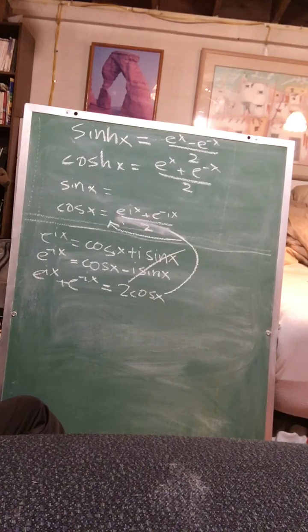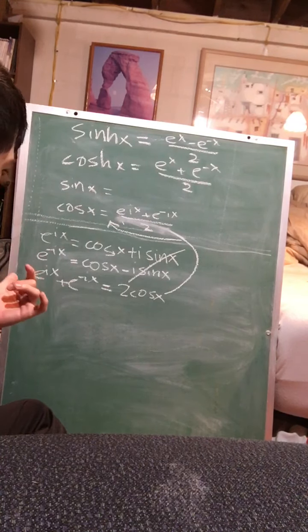Now, how do we do this for sine? Well, it's pretty simple. All we have to do is just swap the signs a little bit. We can just add a negative in front. So we're going to have the same thing here, e to the ix, and we're just going to add a negative sign up front, so it's going to be negative e to the ix.